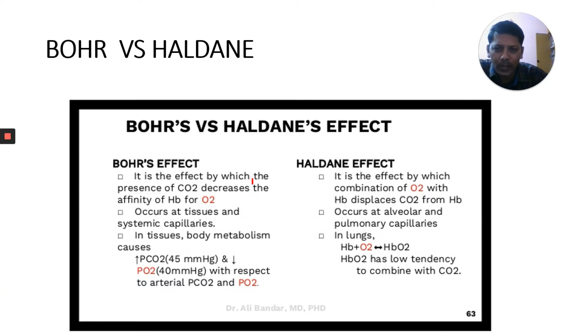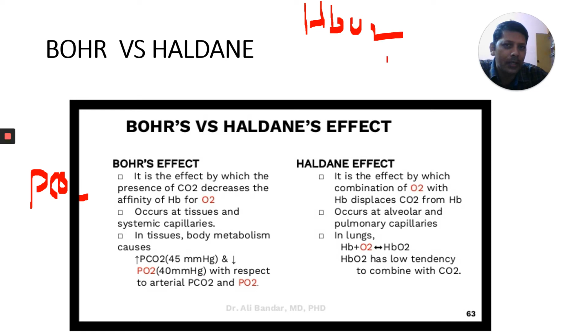The Bohr effect is the effect by which the presence of high CO2 decreases the affinity, the love, between hemoglobin and oxygen. The affinity between these two decreases when CO2 is at a high concentration.